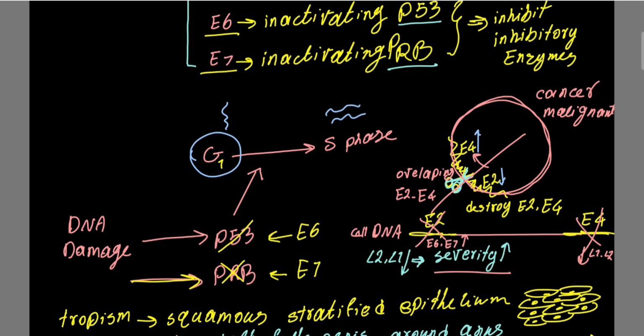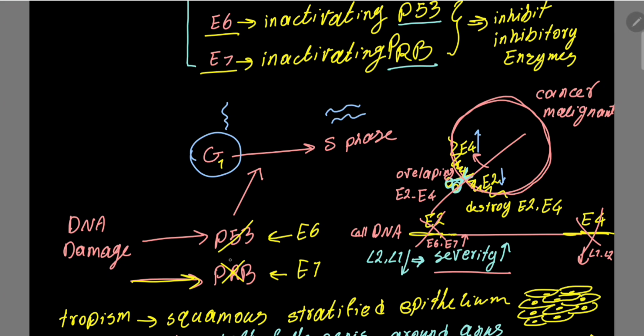But E6 and E7 say, we know we have affected the cell, so the cell doesn't want to replicate, but we are going to affect P53 and PRB, so the cell will do the replication, and the DNA cannot tell anyone that it is damaged.